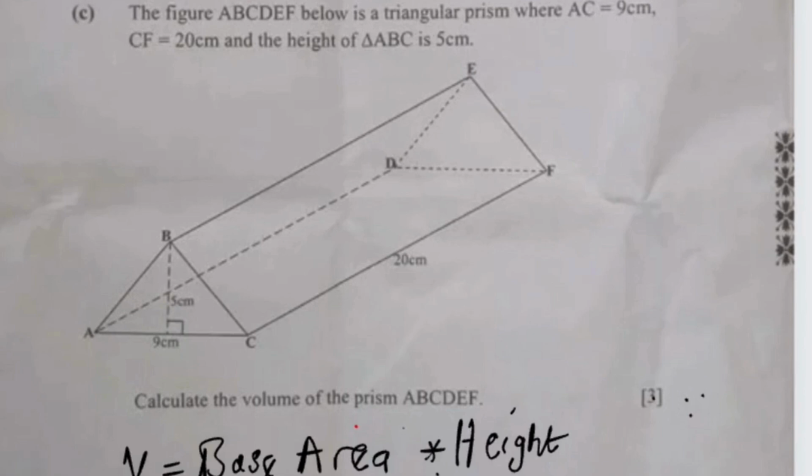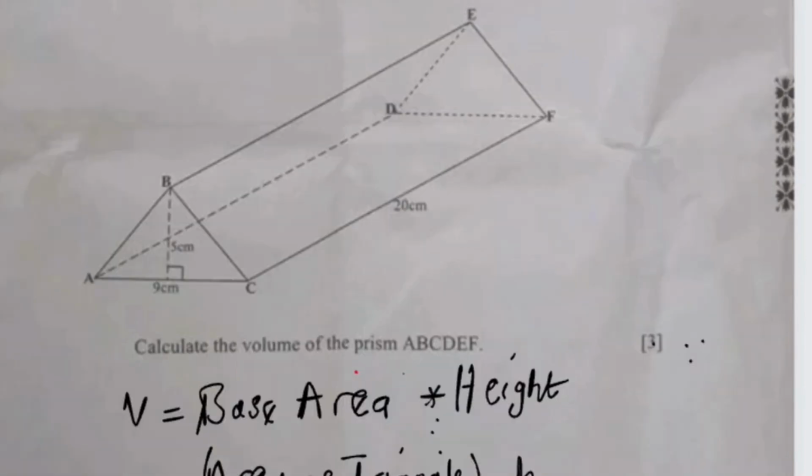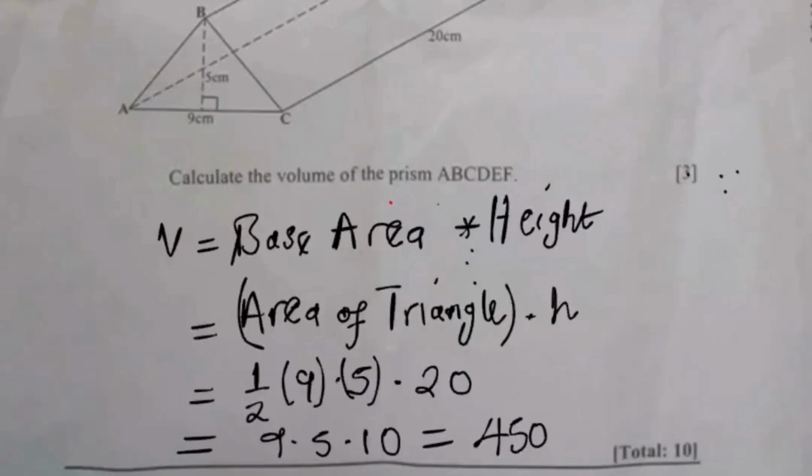Now, the idea is very simple. For you to find or calculate the volume of any prism, you have to find the base area multiplied by the height. Now, the base area is the shape that makes the prism. In this context, we have a triangular prism.